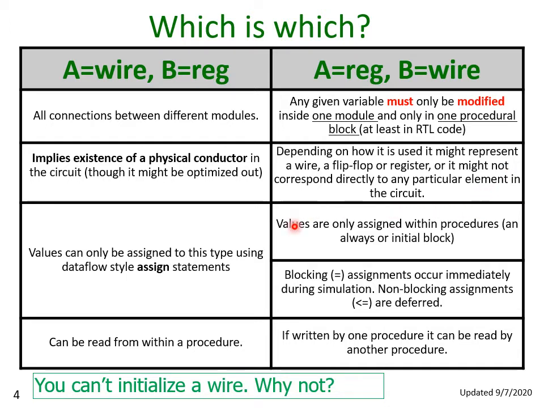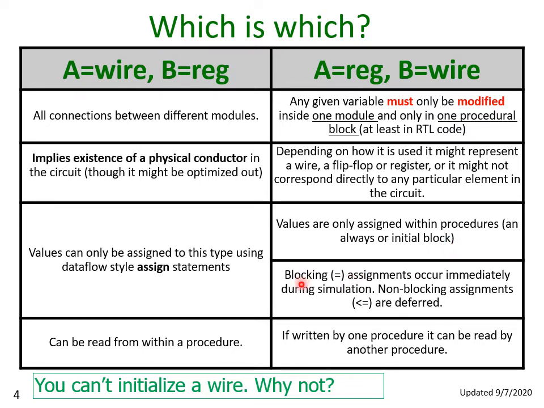Okay, more restrictions on variables. The values can only be assigned within procedural blocks, and in your case, that's almost always going to be an always block. In fact, in hardware code, it will be some kind of always block where it gets assigned. Or in the test bench, you could be assigning values to a variable using an initial block.